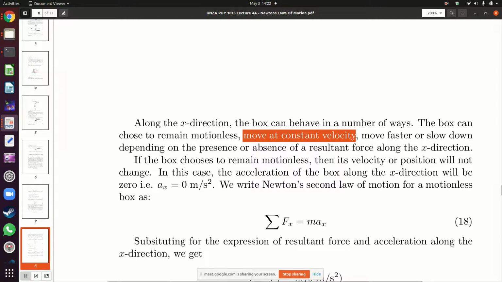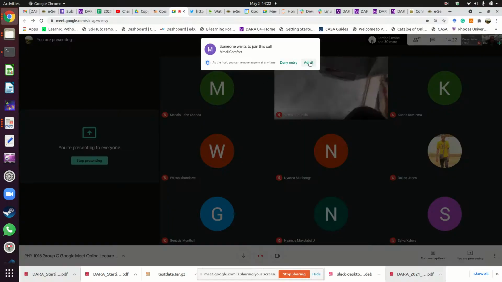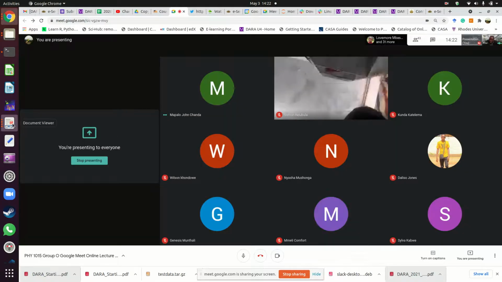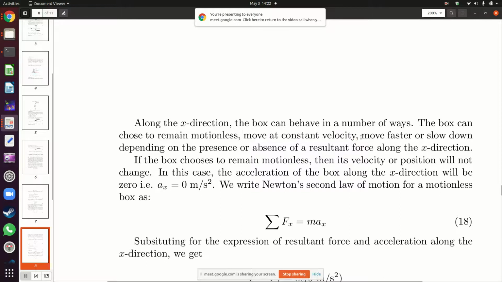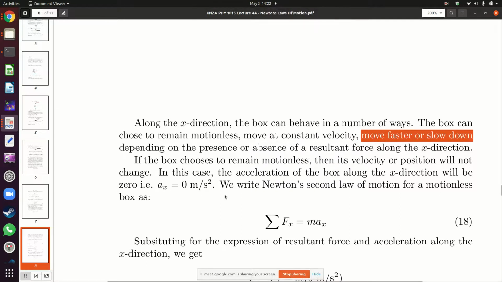Another way is that it can move faster, or it can move slower. So it can choose to remain there, and you leave it and find it there the following day. Or it can move at constant velocity. Or it can move faster or move slower.